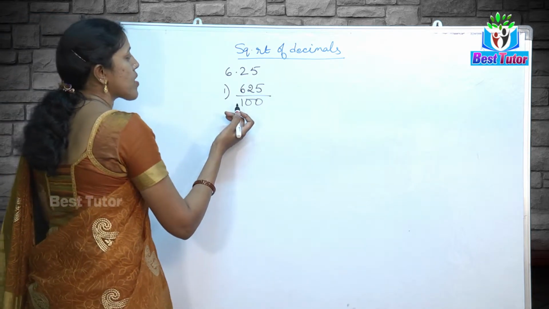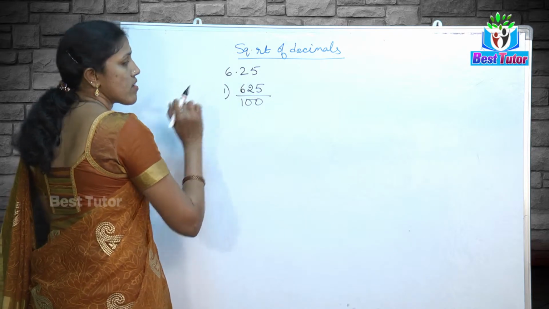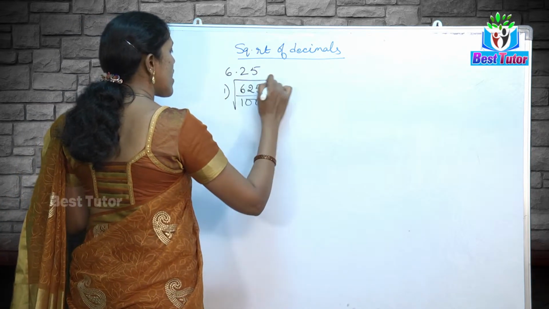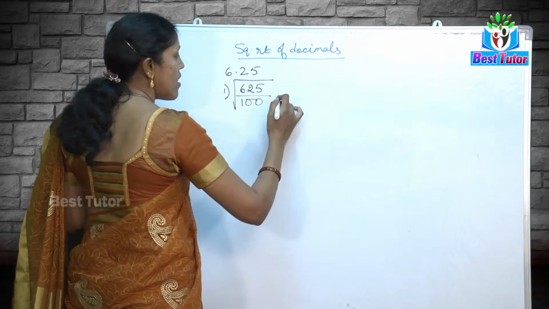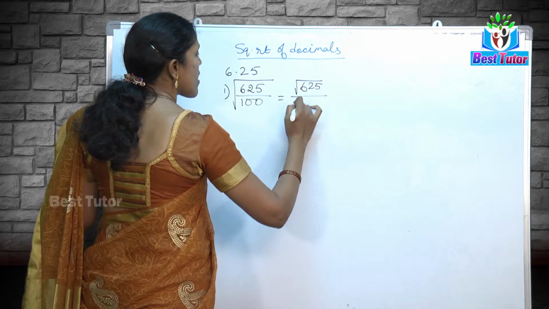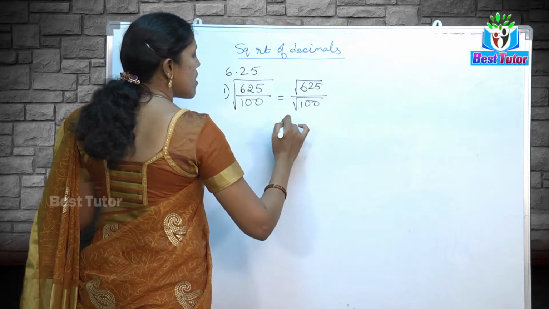This procedure is applicable when you know that this is a perfect square, right? 625 by 100. So, I need to find out root of 625 by 100. I will write it as root 625 by root 100.